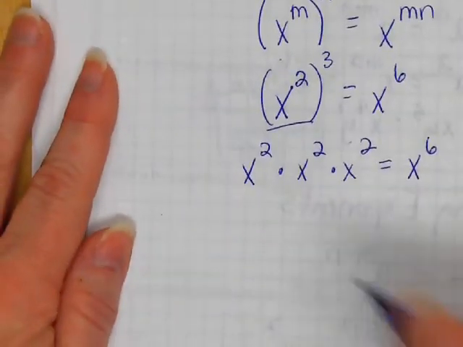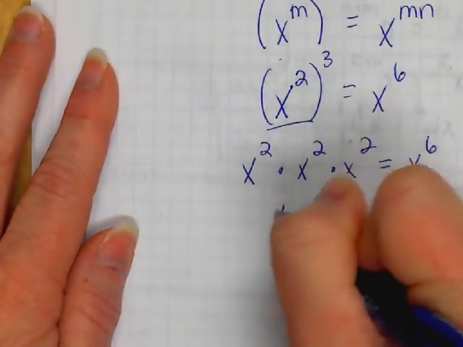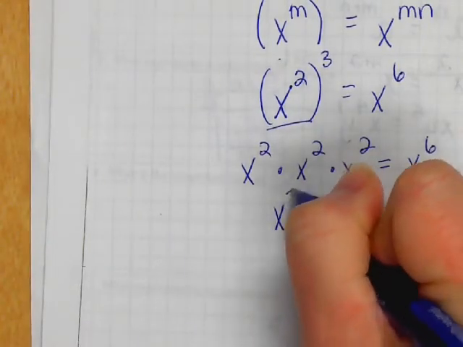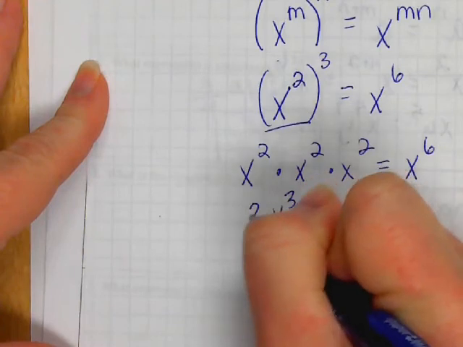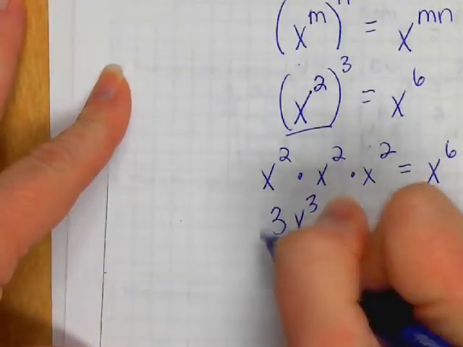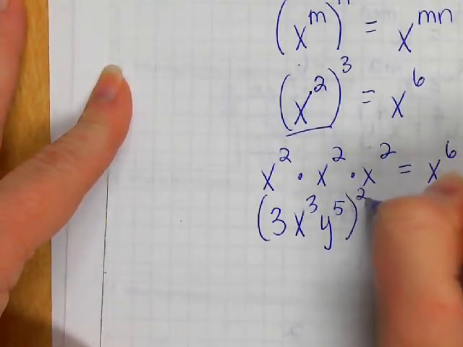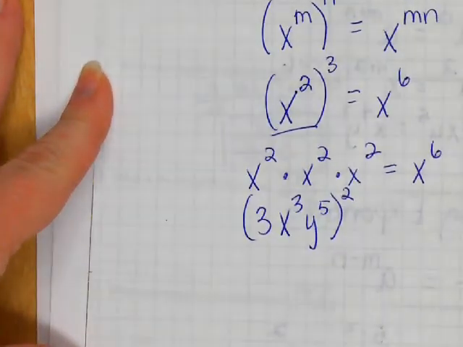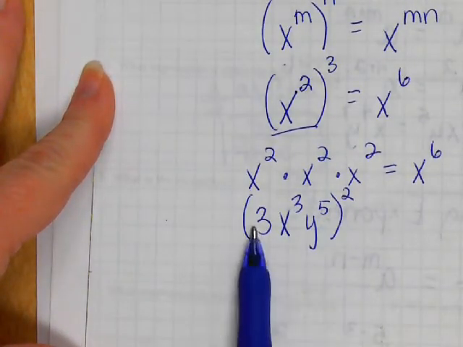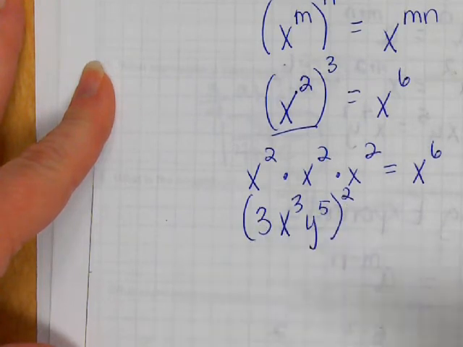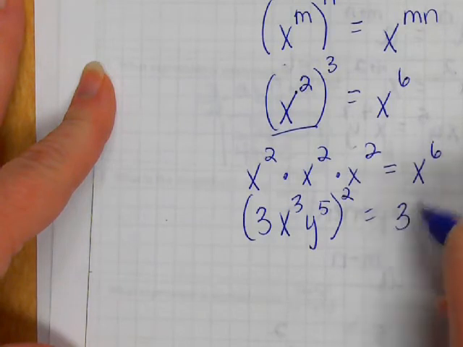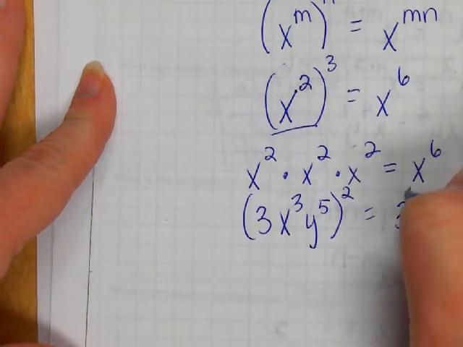Another example, let's say I have x to the 3rd, y to the 5th. Let's put a coefficient of 3 out front as well. And let's say we square that whole thing. So this will now become 3 squared, because it would be like 3 to the 1 times 2.